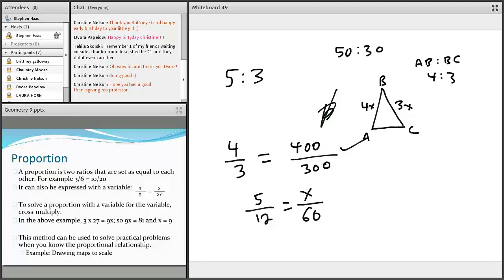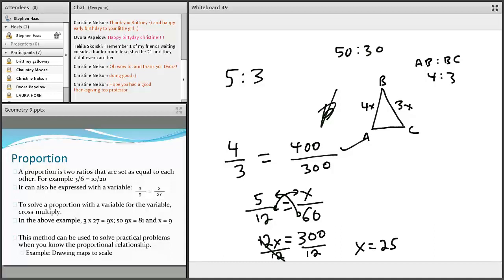The way to figure this out is to cross multiply. x times 12, 12x, equals 5 times 60, which is 300. Then you can divide each side by 12 to isolate the x, so x equals 300 divided by 12, which in this case is 25.